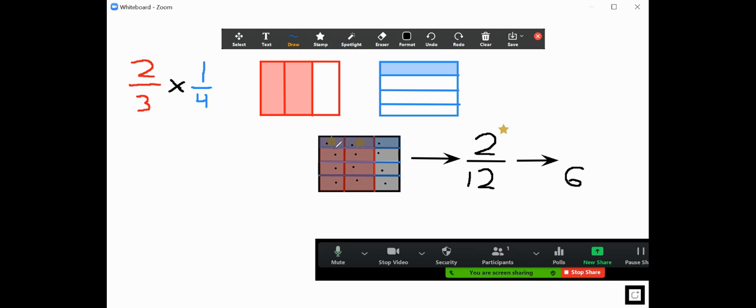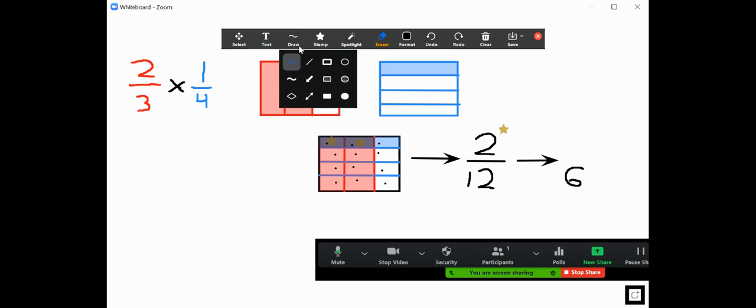And if we have now shaded in one of these, the 2 here, right? So one of those were shaded. That means, and again, I'll show that it's 1.